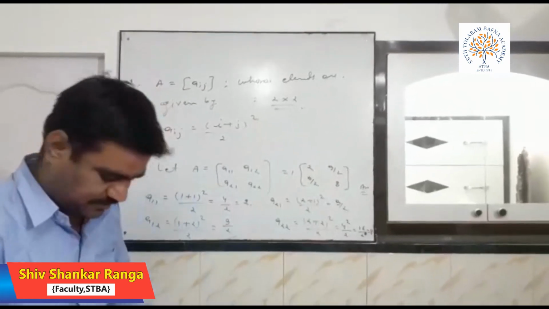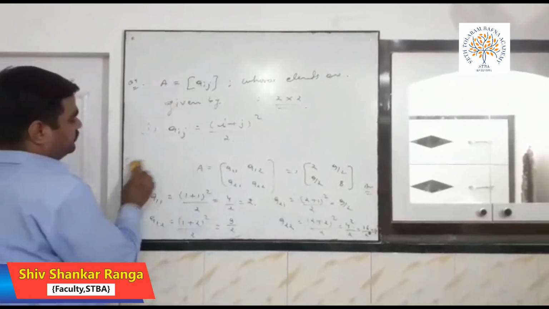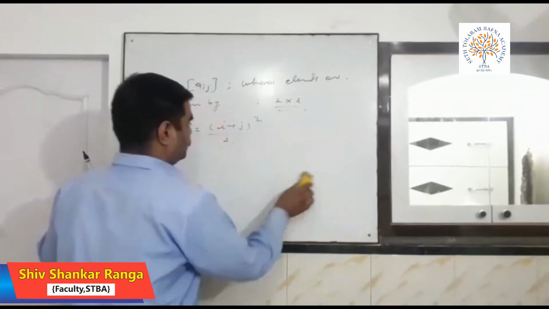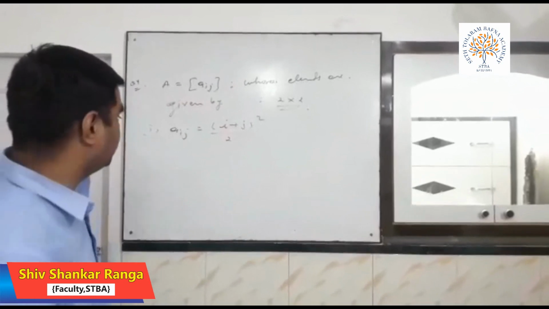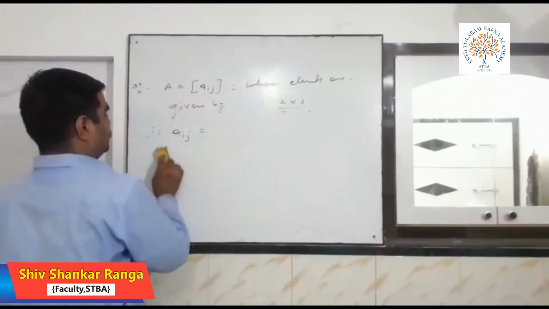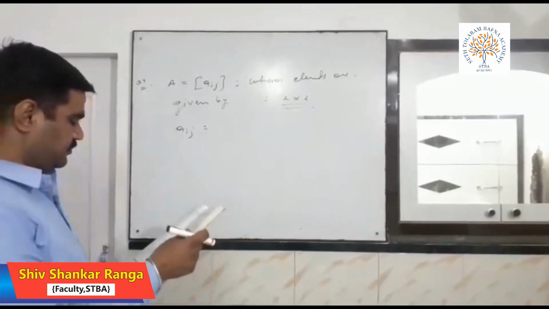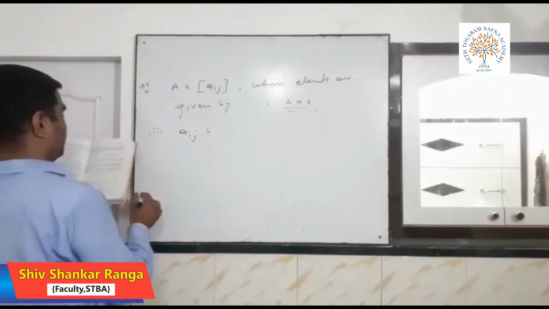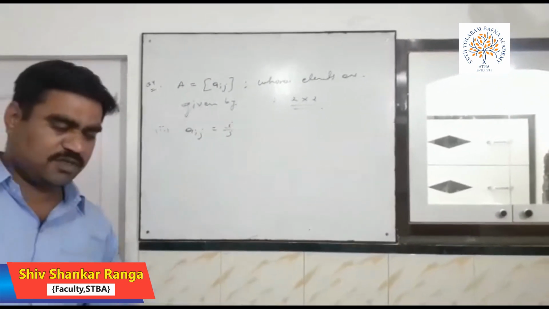And the second question is Aij is equal to I upon j.